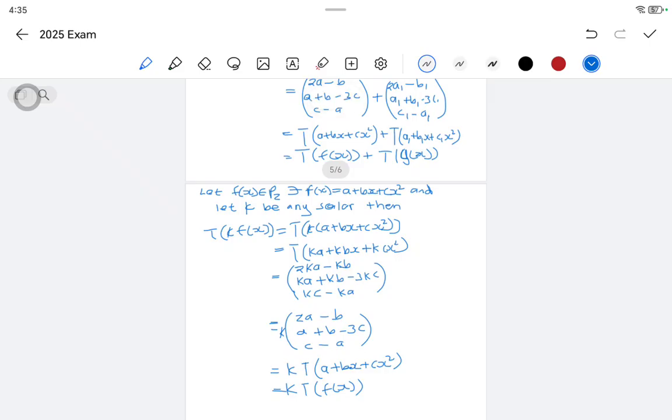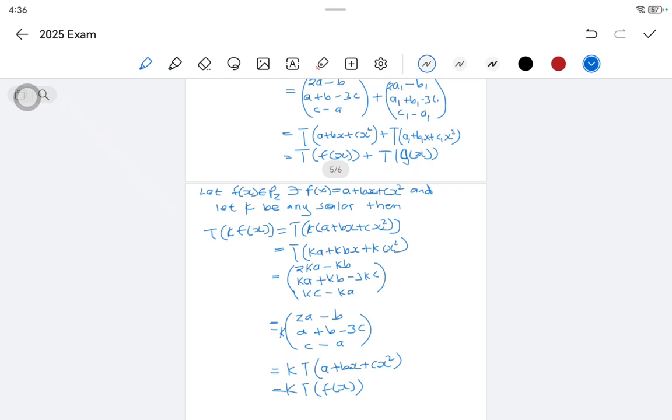So since they both hold already, I think question 1 was like 13 marks, question 2 14 marks, right? Question 3 15. Already you have like 40 something marks, right? 42.